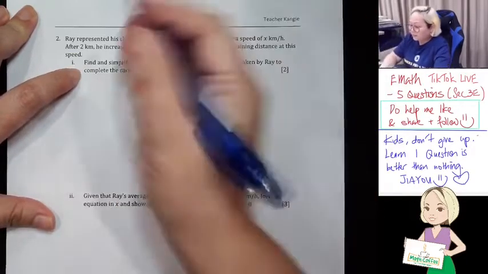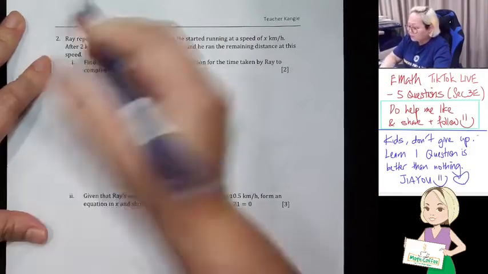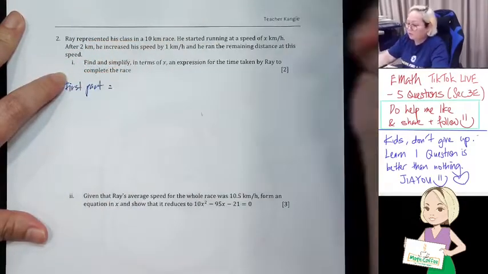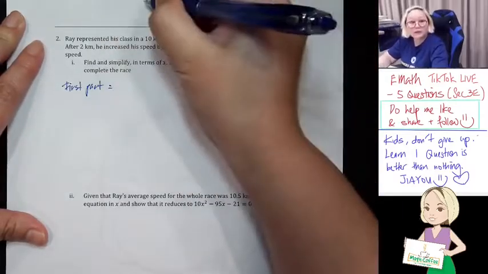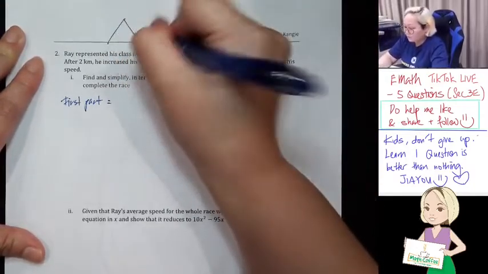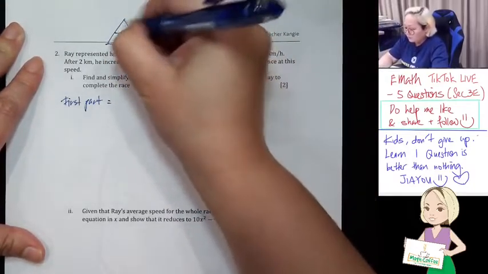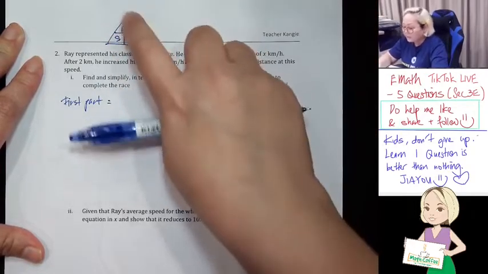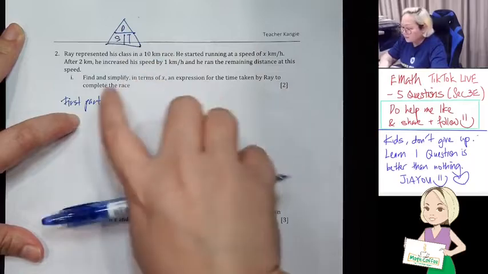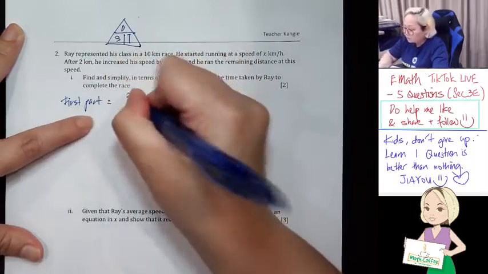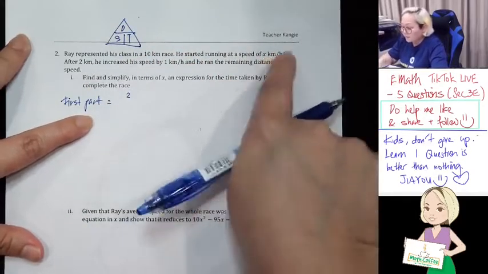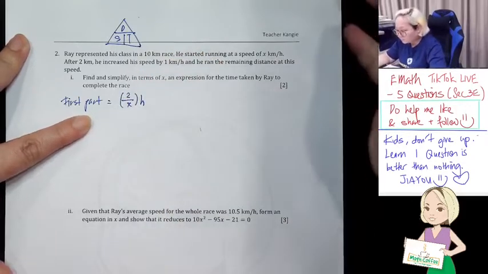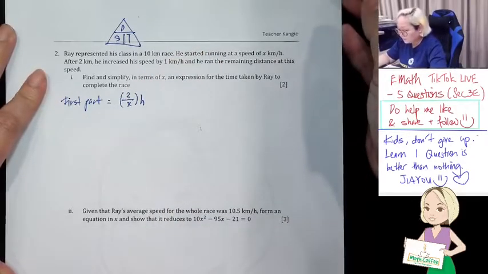So I have two parts. First part, you must know the DST triangle. To find the time, distance divided by speed. My distance is 2 km for the first part, the speed is x km per hour, so it's 2 over x, hour.